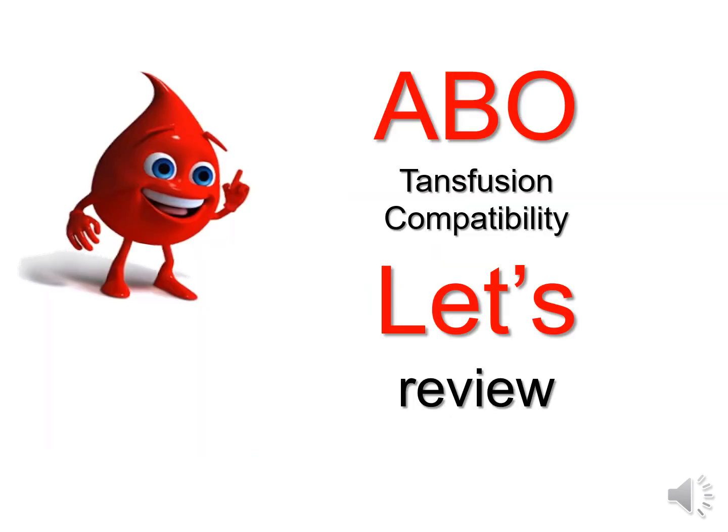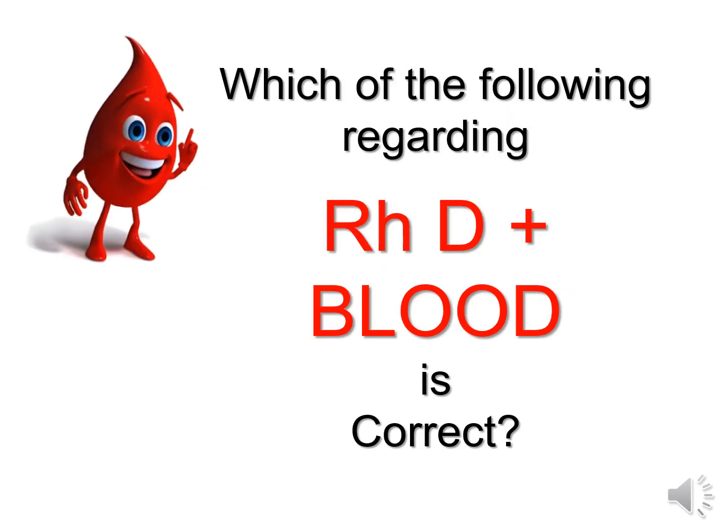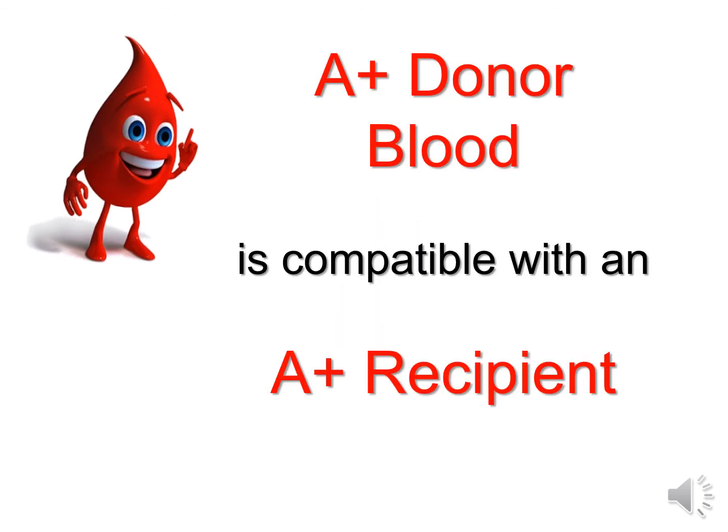So let's review ABO transfusion compatibility. Which of the following regarding Rh-D positive blood is correct? A positive donor blood is compatible with an A positive recipient. Yes or no? Correct.